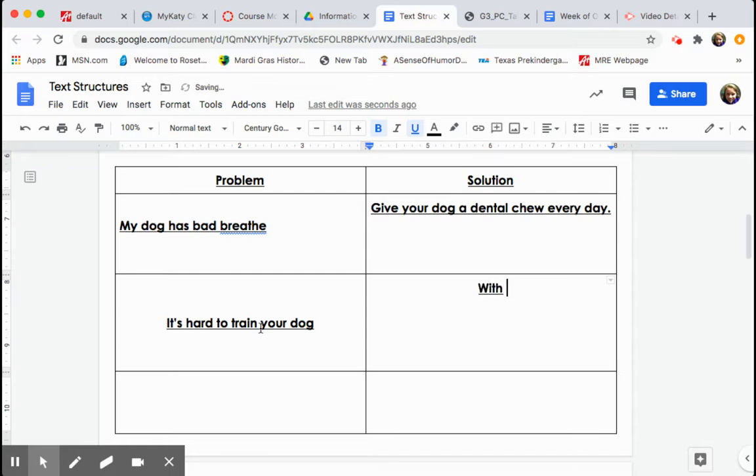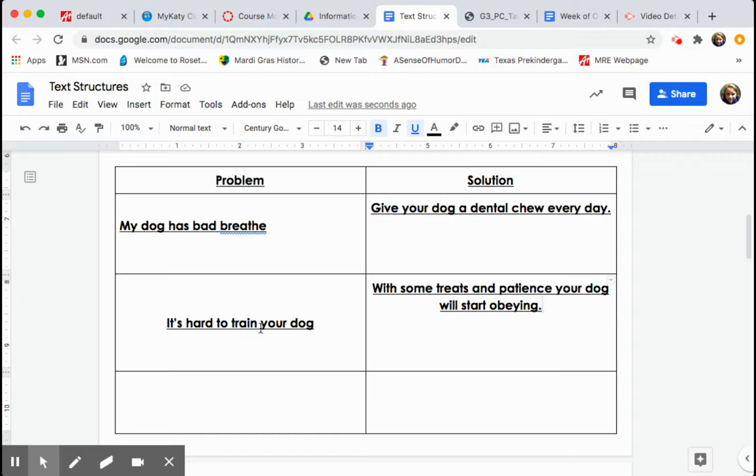Well, with some treats and patience, because it's not just going to happen overnight, with some treats and patience, your dog will start obeying. Okay. All right. So that's another structure you can set up for your writing is problem and solution.